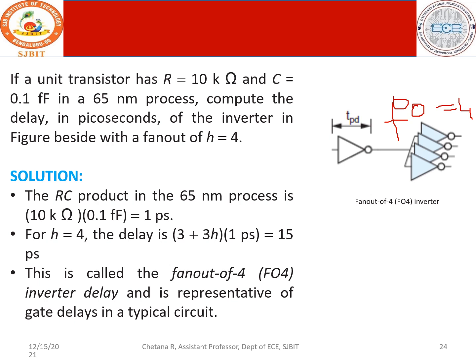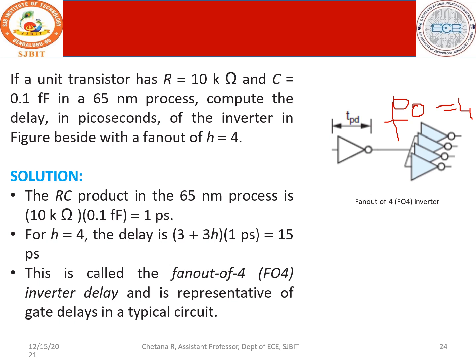So we need to find the propagation delay. RC is the time propagation delay. In a 65 nanometer process, R is equal to 10K and capacitance is 0.1 femtofarad. Femto is 10 power minus 15, and if you substitute, it turns out to be 1 picosecond. So the delay is 1 picosecond. If there is a delay of 1 picosecond and it has to drive 4 different devices, what would be the total delay?